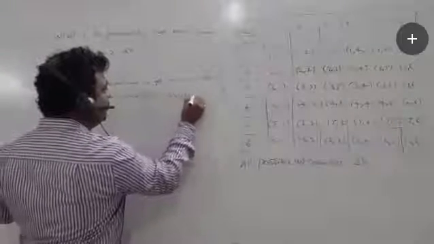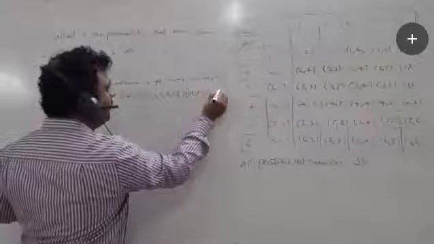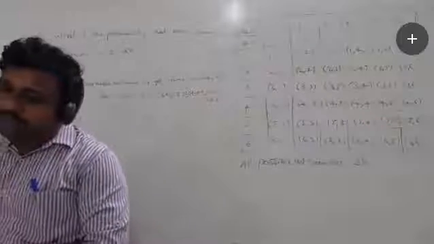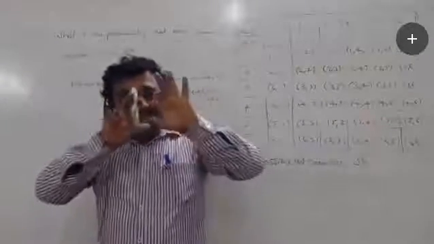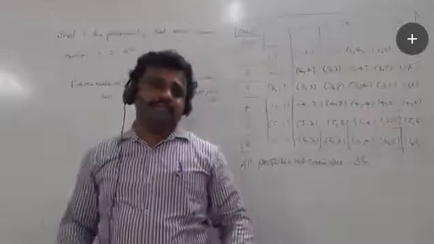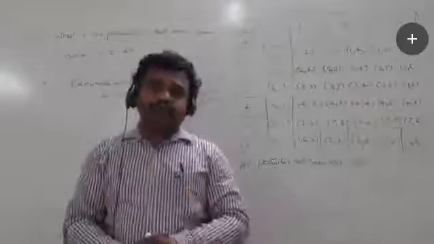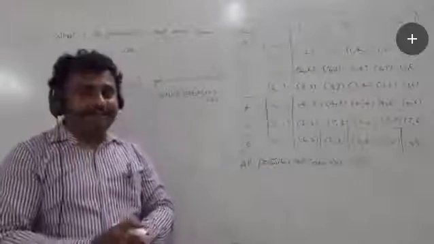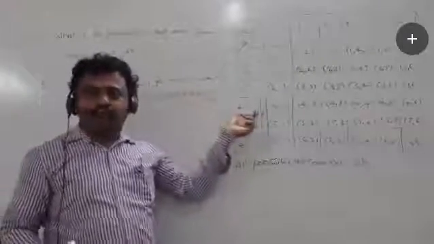These are favorable outcomes to get the same number on their face when we roll two dice simultaneously: 1 1, 2 2, 3 3, 4 4, 5 5, 6 6.